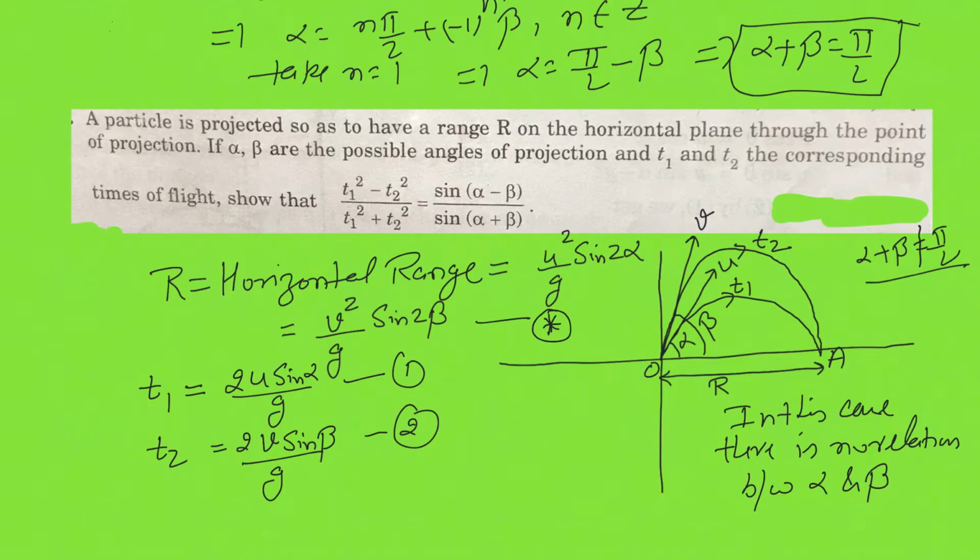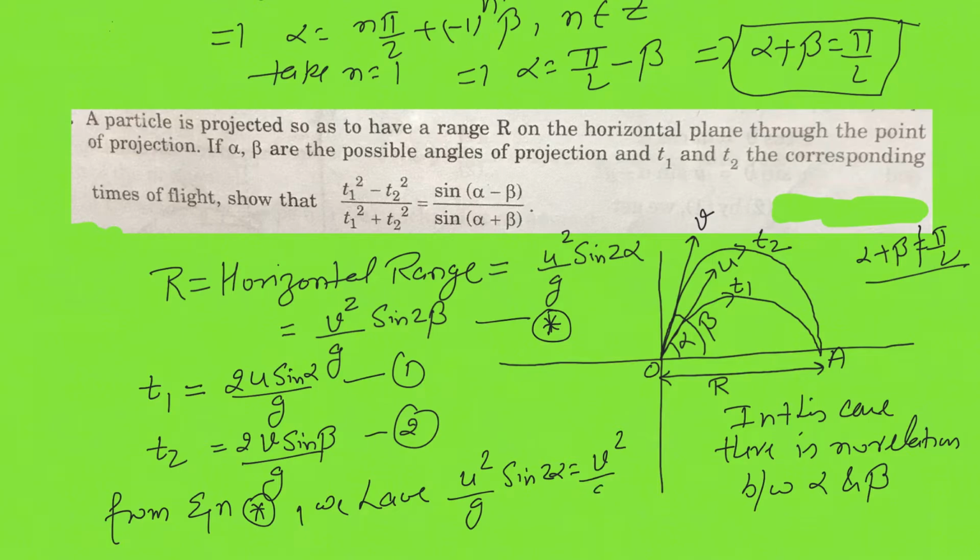So from equation R-stick we have u square by g sine 2 alpha is equal to v square by g sine 2 beta. g to g will cancel out.